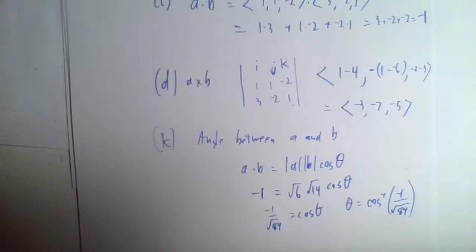It does say to do this correct to the nearest degree here, so we could actually calculate that out if we're in the right mode on that. I'm in degree mode. I've been doing some trig on this thing.